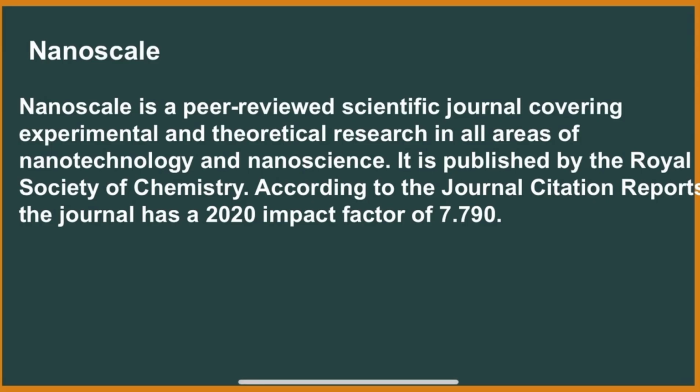So, Nanoscale is a peer-reviewed scientific journal covering experimental and theoretical research in all areas of nanotechnology and nanoscience. It is published by the Royal Society of Chemistry. According to the journal citation reports, the journal has a 2020 impact factor of 7.790. So, kapag sinabi natin kasi na peer-reviewed journals, ito yung mga articles na sinulat ng mga experts and nireview ng several other experts.